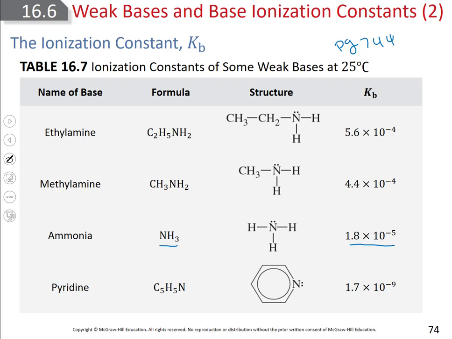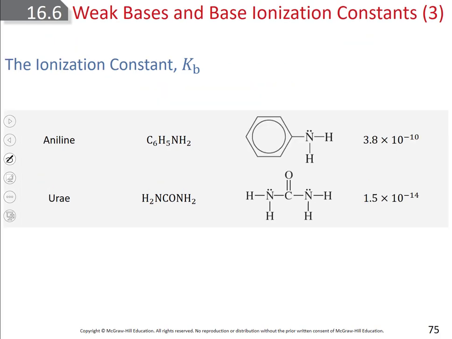We also have ethylamine, methylamine, pyridine, and this is cutting off the bottom half of the table, aniline and urea, which is misspelled on this slide, but is correctly spelled in your textbook for some reason. It should be U-R-E-A, urea. I don't know why it's spelled that way, but maybe that's the spelling in Britain, I don't know. Urea.